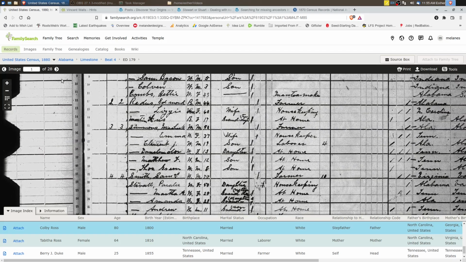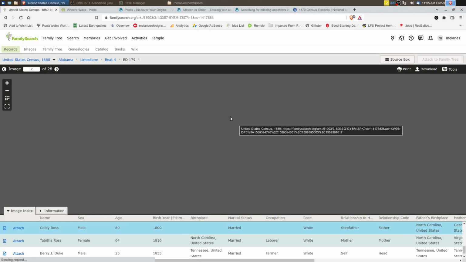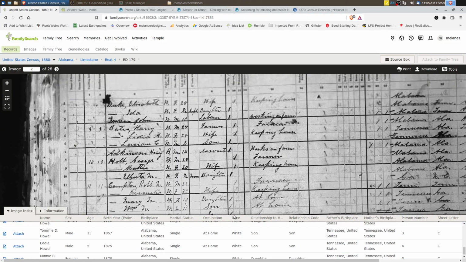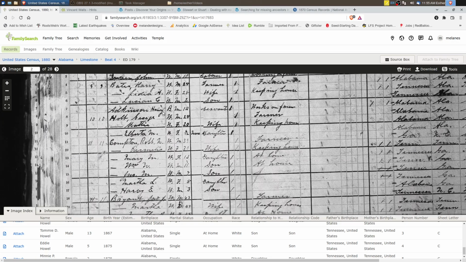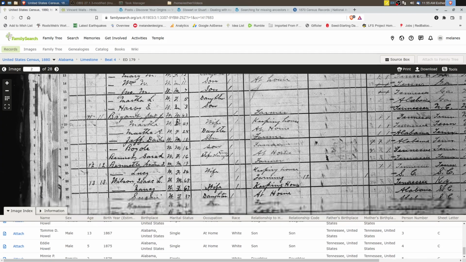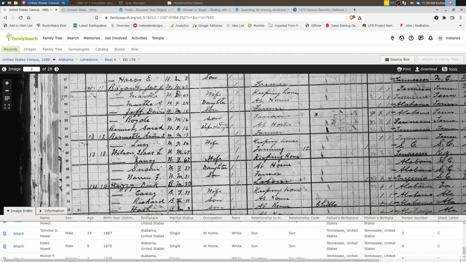And then I also looked on the next page because it goes on to the next page. Okay, we have Elizabeth Duke. And you can look for any of these people. Like Isaac Wilson, he's old enough and a farmer. He would have been not too far and probably didn't move from the area.